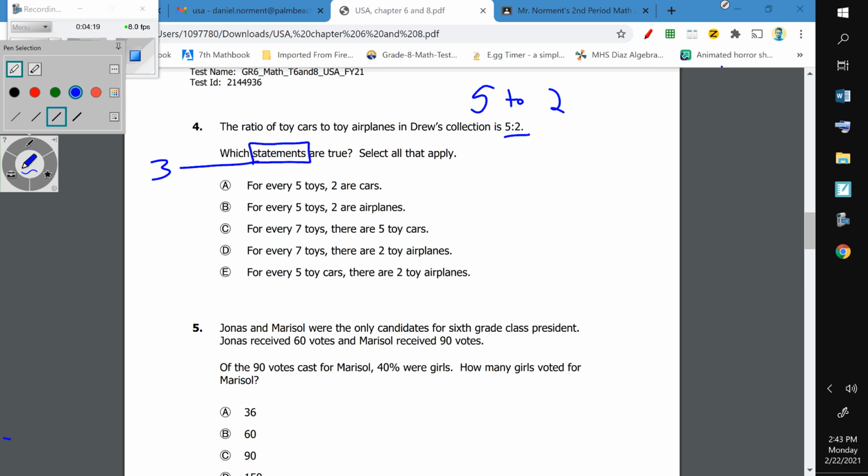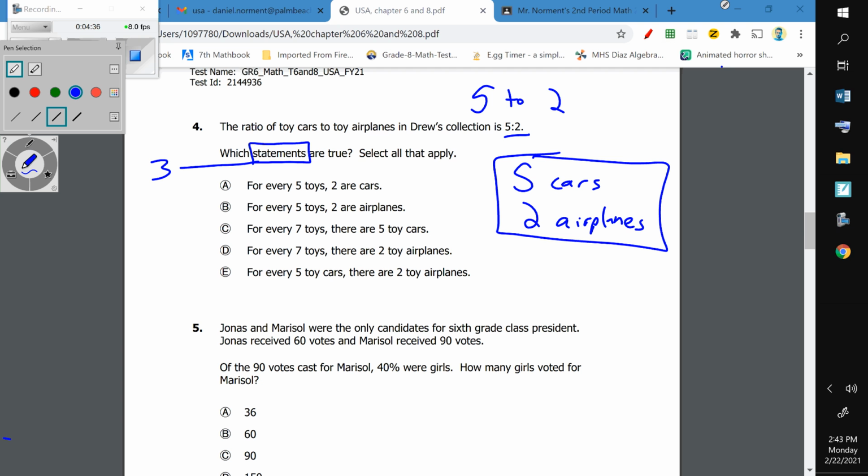Now, if the ratio is 5 toy cars to 2 toy airplanes, let me ask you this, how many total toys are there? You find that answer, this can make this a lot easier to do. So the total number of toys should be obvious. That will help you a lot.